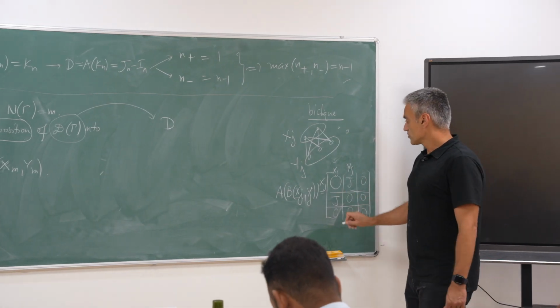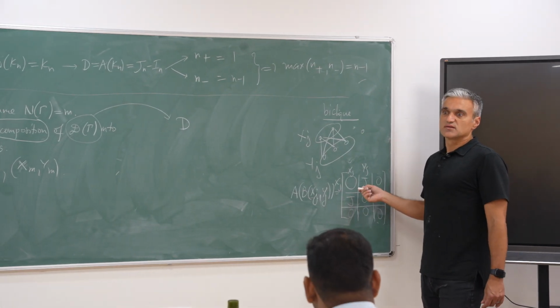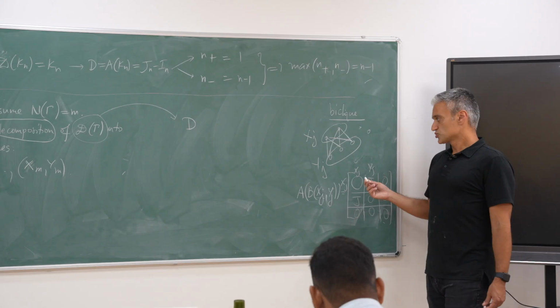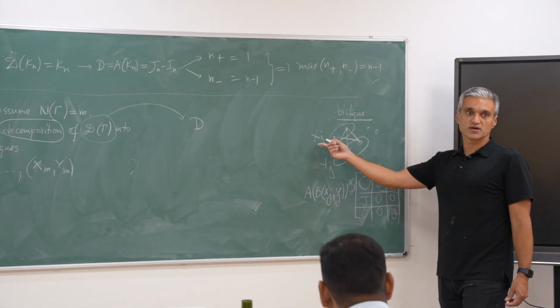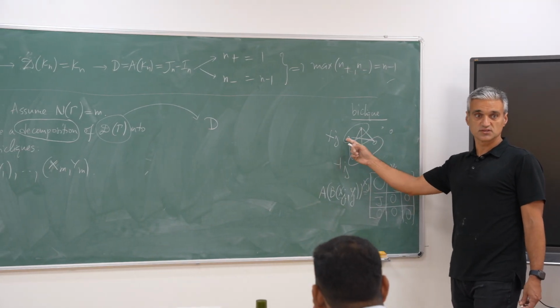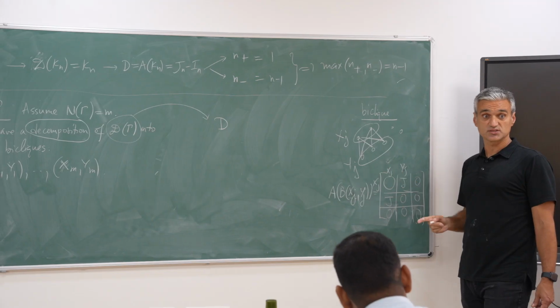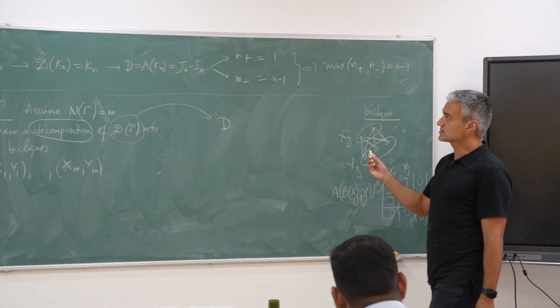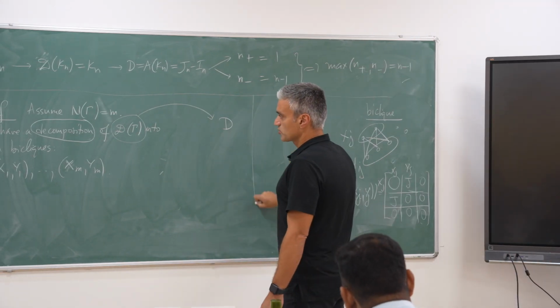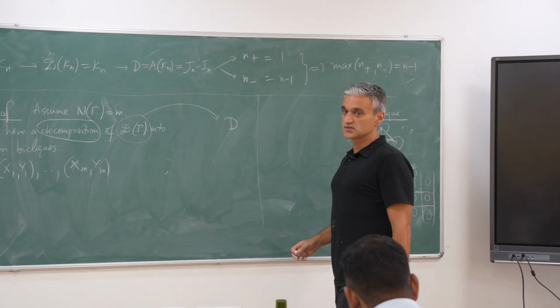Now, what rank does this matrix have? 2. And how can I write it in terms of the characteristic vectors of this subset xj and yj? We talked about characteristic vectors when we talked about vector partition and interlacing.